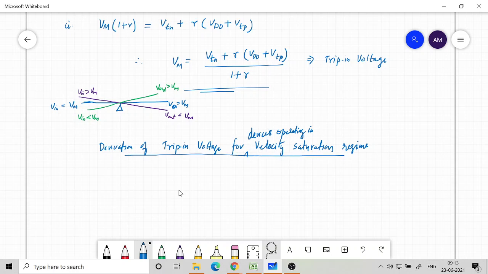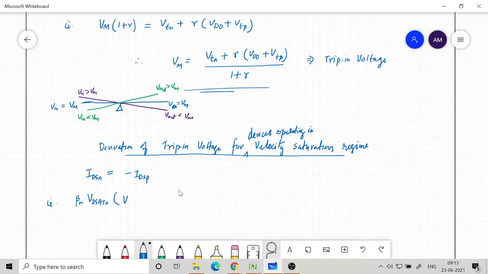You have to take your IDSN equal to minus IDSP. So that is beta n. Now the expression is basically beta n into VD sat n into VGS minus VTN.